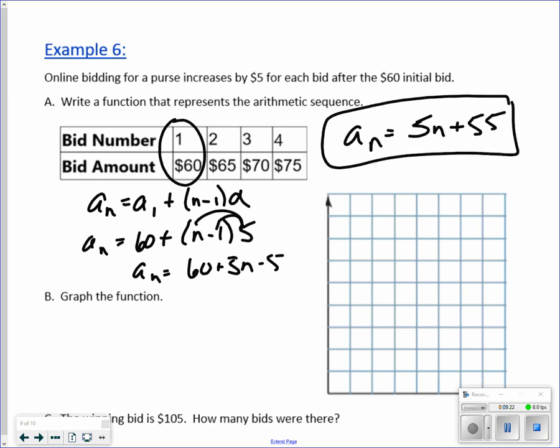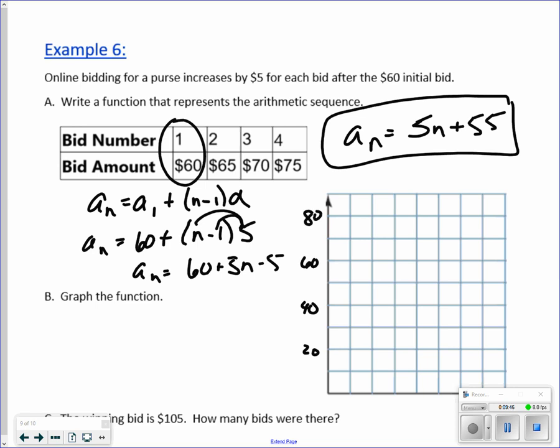With that being said, now let's graph it. And the increments on the side, I'm going to go by 5s. I don't think I can go. Let's go by 10. So there's 10, 20, 30, 40, 50, 60. 70, 80.